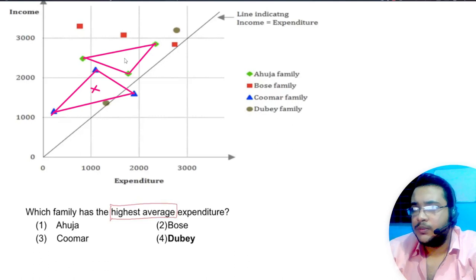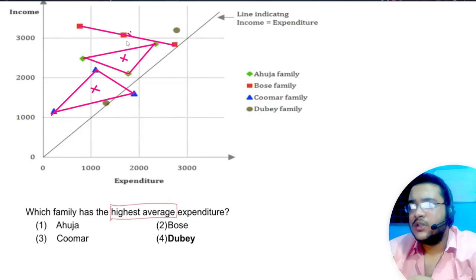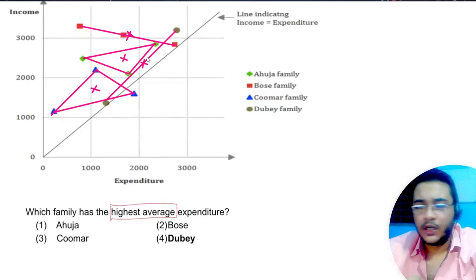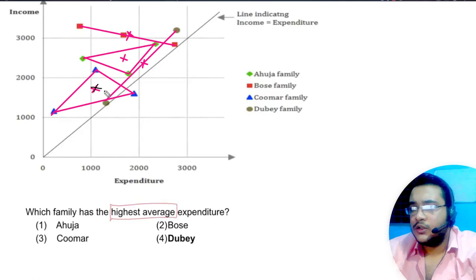So possibly this is going to be the centroid, this is going to be the centroid, and these three lines are in a straight line, so you can possibly say that this has to be the centroid. Similarly for the Dubey family, if you plot them somewhat like this, this has to be my centroid. Just give me 1 second, let me change the color, just to make this a little more appealing.